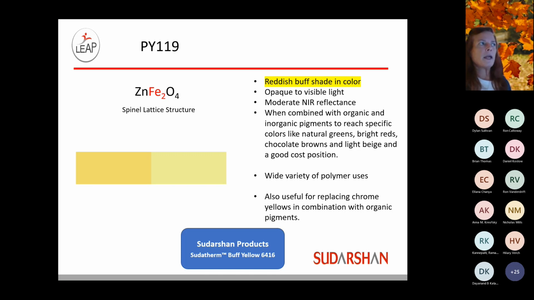However, this colorant tends to find some good uses when combined with other organic and inorganic pigments to reach more natural colors like greens and bright reds or chocolate browns to also help with a good cost position. So as far as Sudarshan is concerned, we will introduce our Sudatherm Buff Yellow 6416, and that will come in December timeframe.